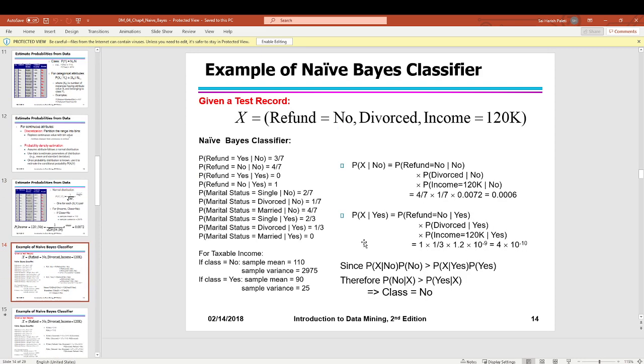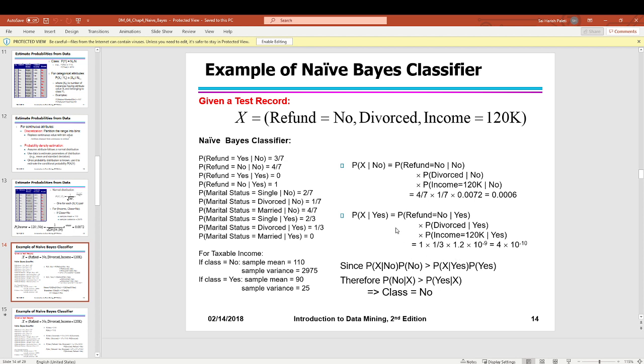And here is the complete example of solving the problem. And here we will calculate the probabilities of given input for different classes. And here we will calculate the conditional probabilities. And as we see here, the probability of x given no is higher than the probability of x given yes.